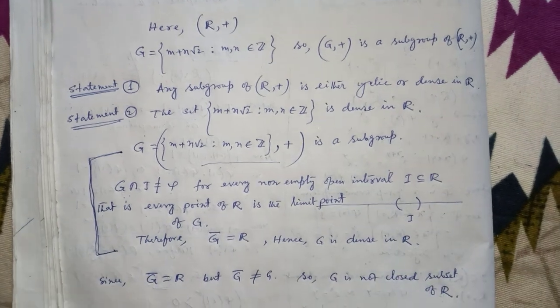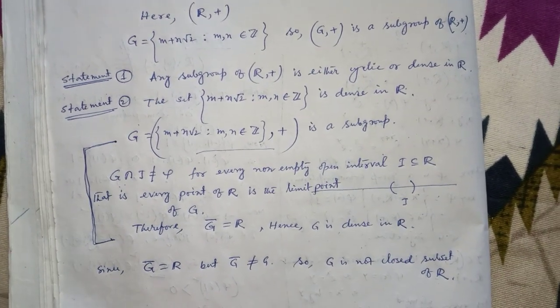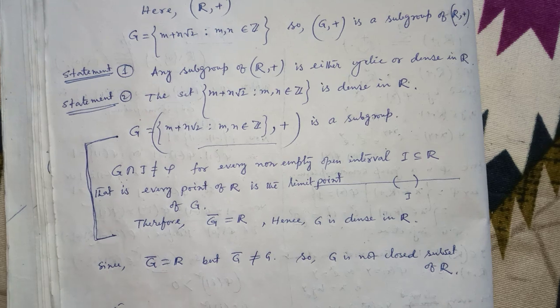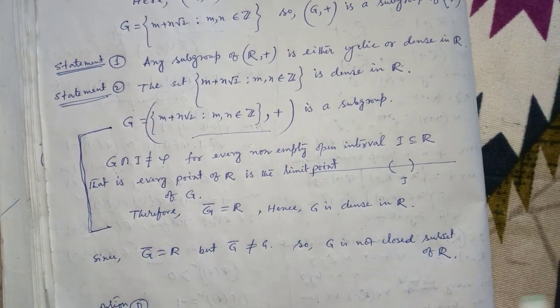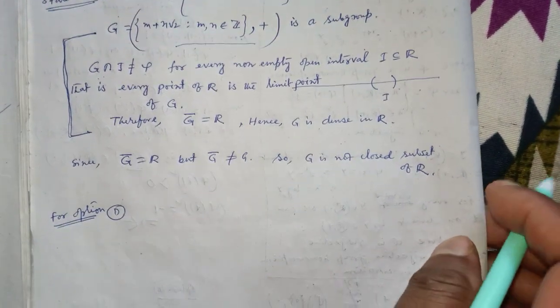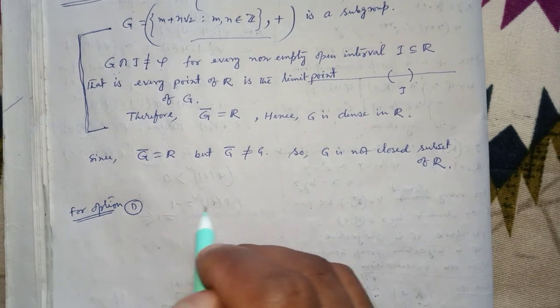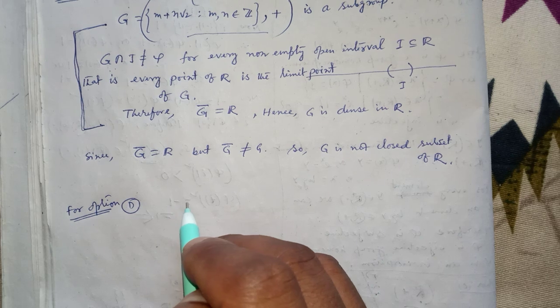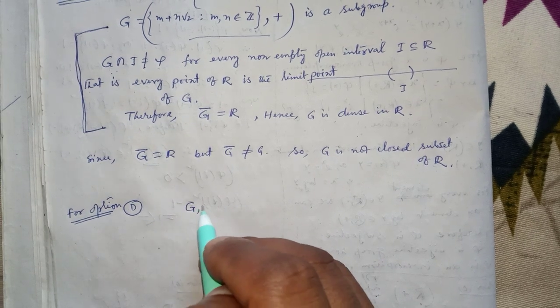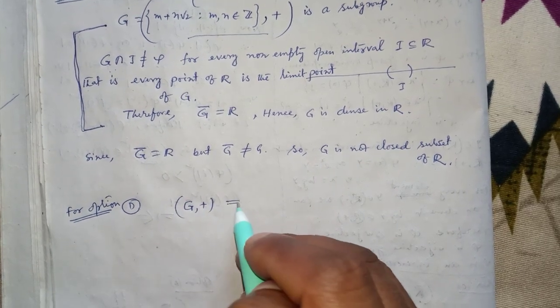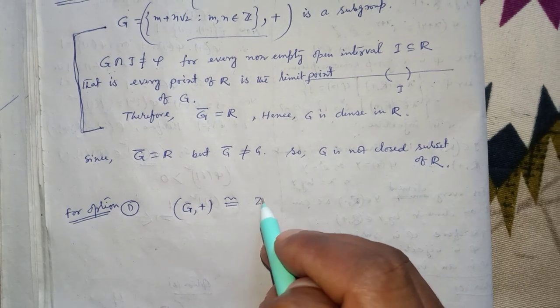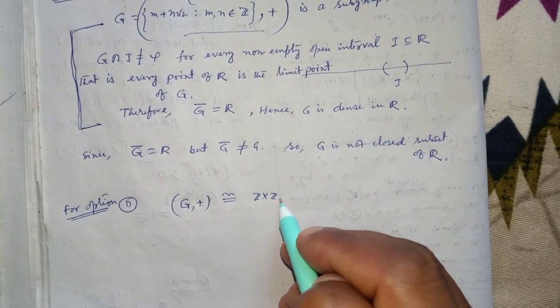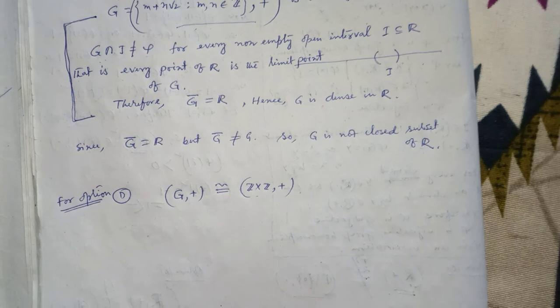For option D, we will prove the group G under addition is isomorphic to Z cross Z under addition.